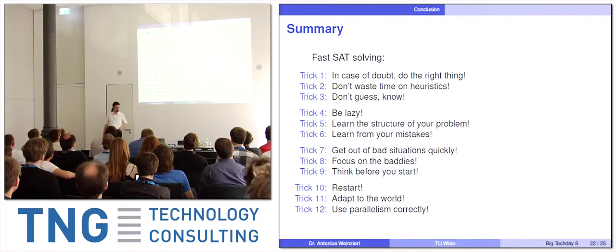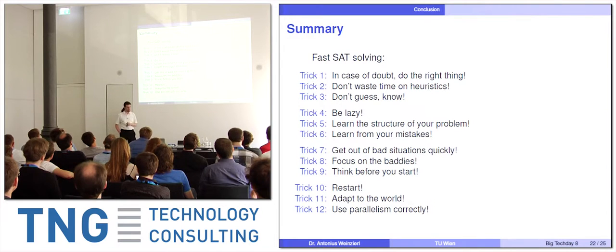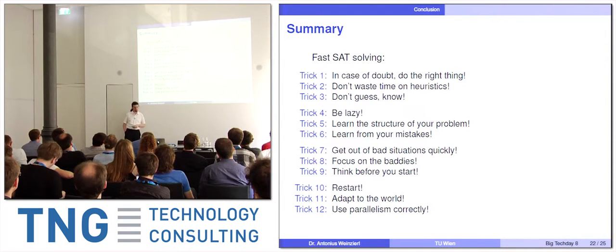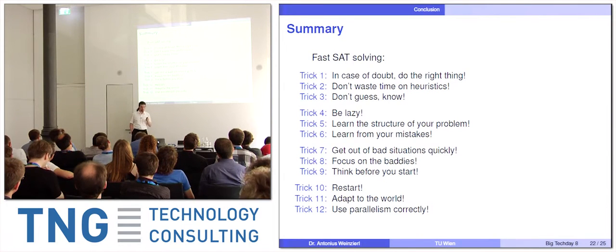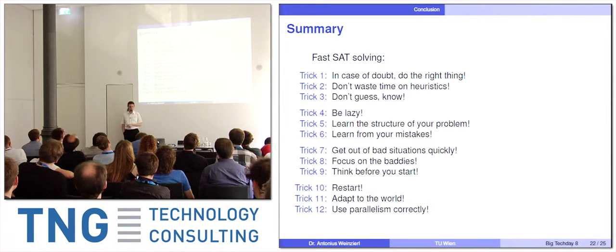Okay, so to give you a summary for fast SAT solving, first trick, in case of doubt, do the right thing. Second, well, do it, but don't invest too much time in this heuristic stuff. Even better than guessing is knowing, which is trick 3. But then also be lazy, because this means being more efficient. Learn the structure of your problem.